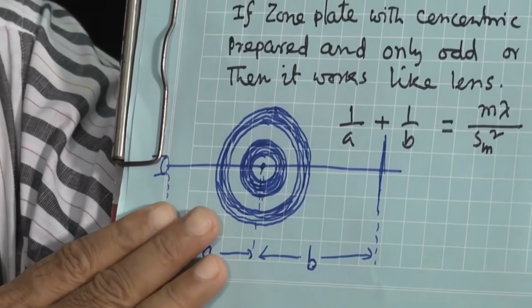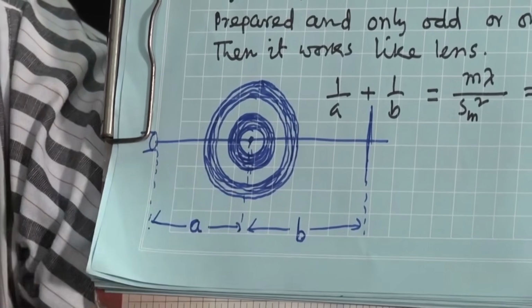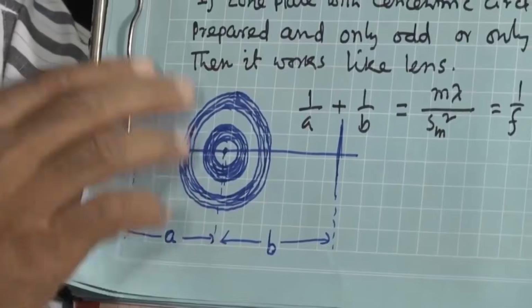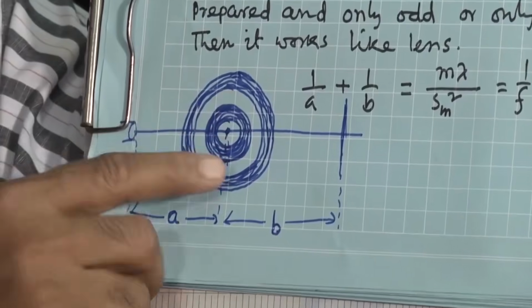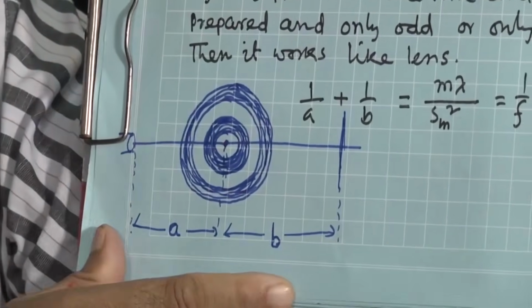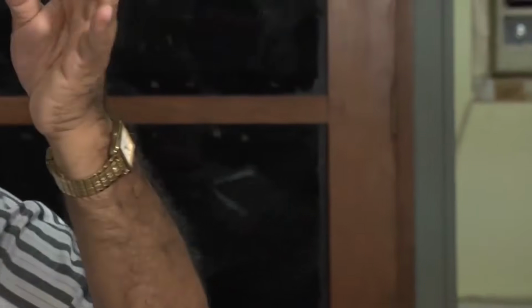If you can construct this type of concentric circles with black circles and white circles, and print it on a transparent sheet, then we cut one piece from here, and that piece we are using for our experiment.